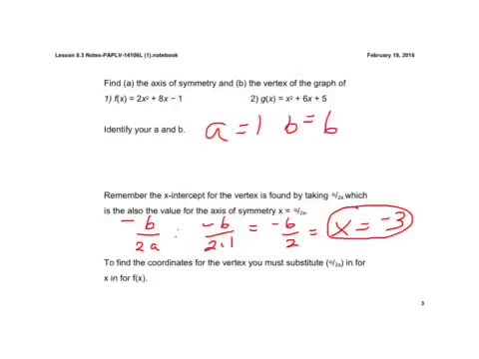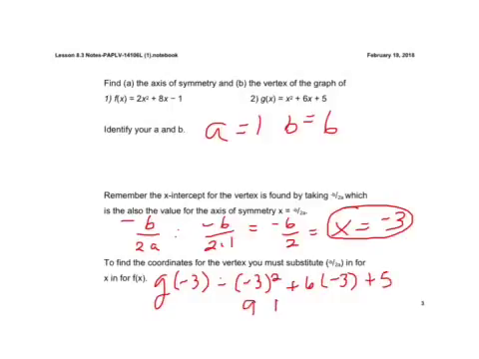Now again, to find our vertex, we're going to take this negative 3 and substitute it into our original. So g of negative 3 would equal negative 3 squared plus 6 times negative 3 plus 5. Negative 3 squared would be a positive 9 plus 6 times negative 3 is a negative 18 plus 5.